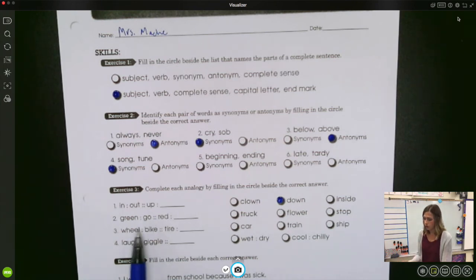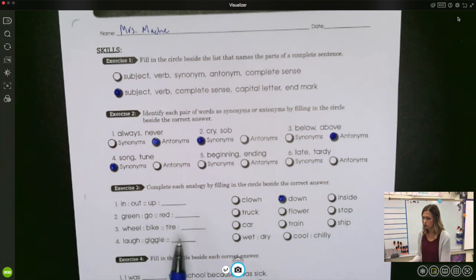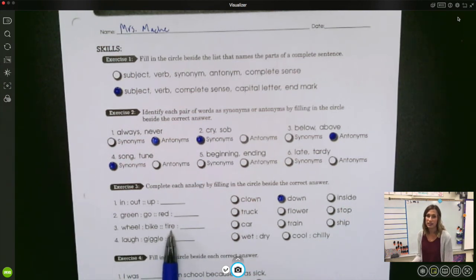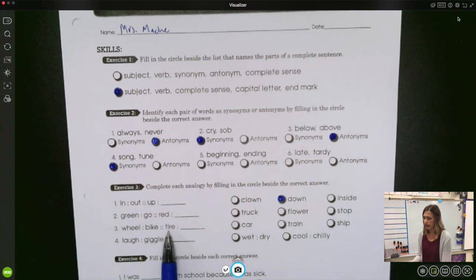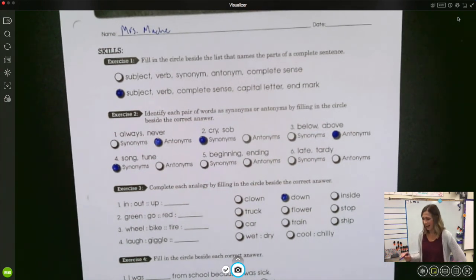Number 3, wheel is to bike as tire is to, this is a part-whole relationship, right? A wheel is part of a bike. So wheel is to bike as tire is to car, tire is to train, or tire is to ship. Which one of those has a tire? A car, a train, or a ship? Whichever one has a tire, that's the one you fill in the bubble.